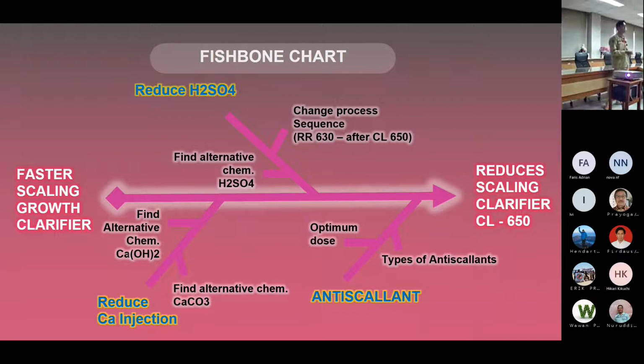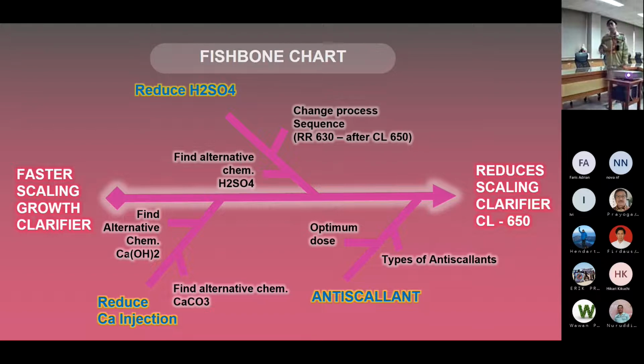For example, if we inject the sulfuric acid in reactor 630, is it possible to inject it after clarifier 650? This may reduce the scale in the used clarifier tank, but it may form in the laundering near the sea. Or we could find an alternative chemical for the sulfate itself, perhaps by finding another substance.